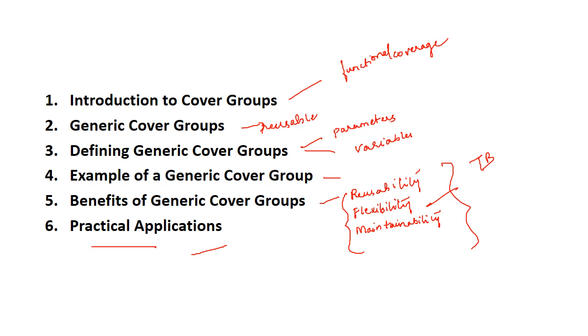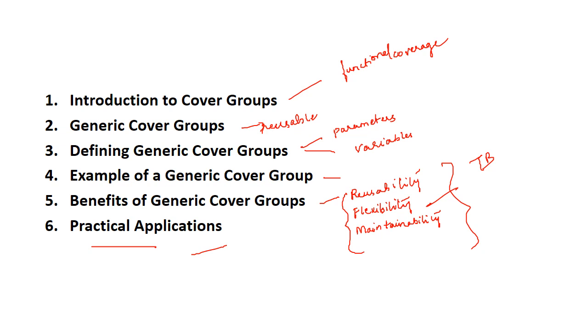The generic cover groups are cover groups of a reusable type. These are reusable cover group definitions that can be applied for different scenarios. They are especially designed to be flexible, and adaptable to various verification needs.